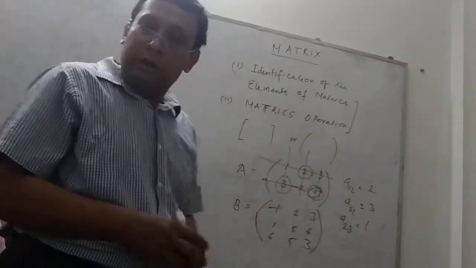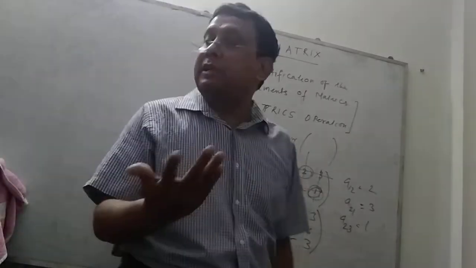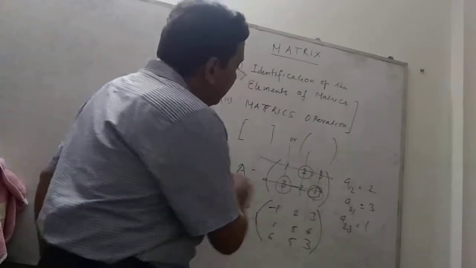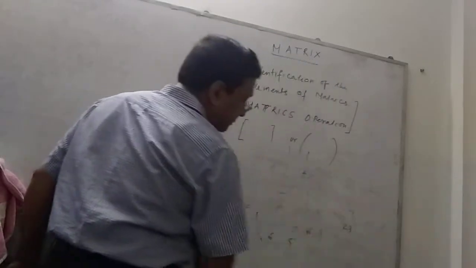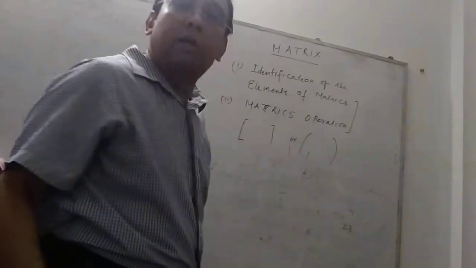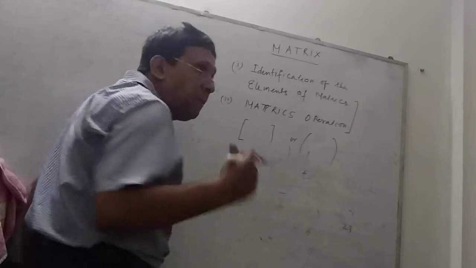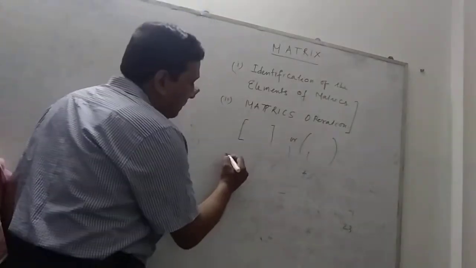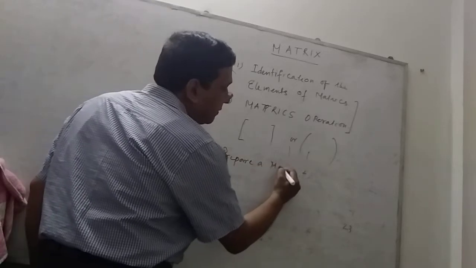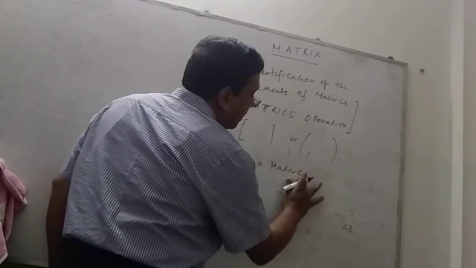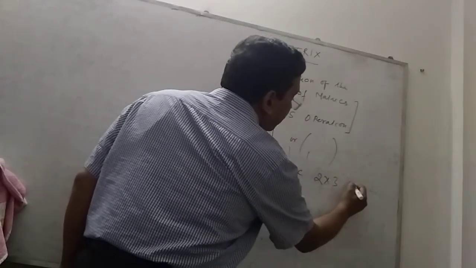I hope you understood. Now let us see how the question comes at class 12 level. Generally you have to prepare this concept for 2 mark questions. For example, you will be given: prepare a matrix of 2 by 3 order.